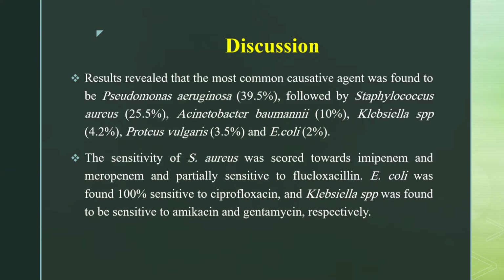The sensitivity of Staphylococcus aureus was scored towards imipenem and meropenem, and partially sensitive to fluoxetine. E. coli was found to be 100% sensitive to ciprofloxacin, and Klebsiella was found to be sensitive to amikacin and gentamicin respectively.